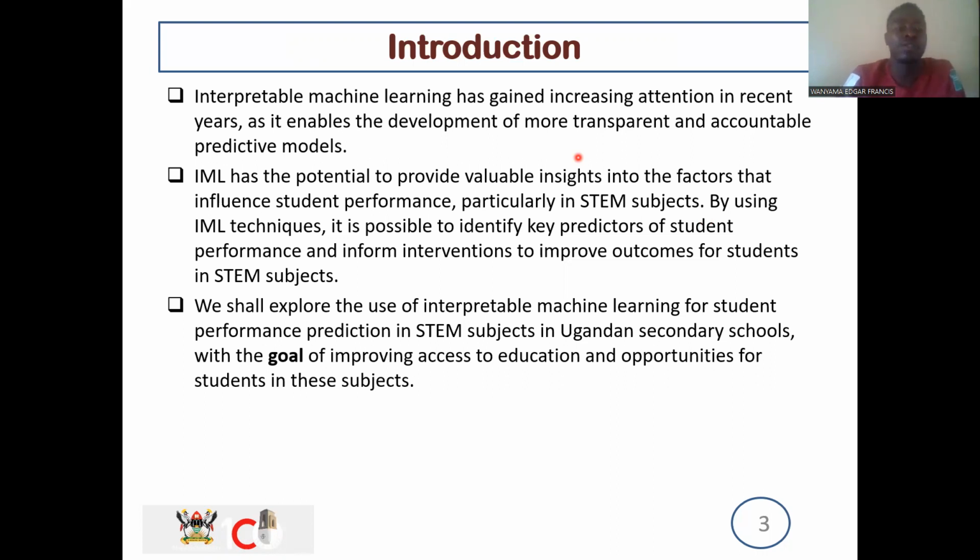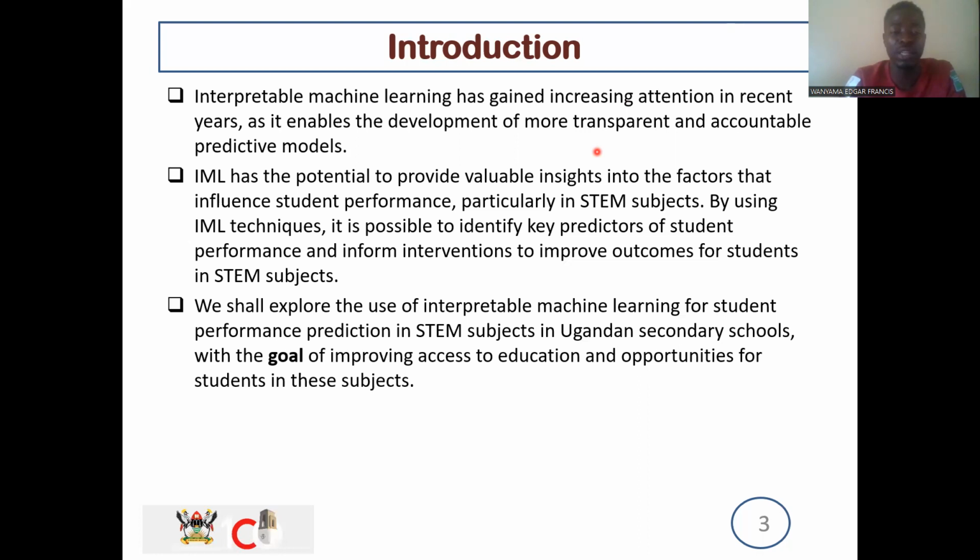So interpretable machine learning has the potential to provide valuable insights into the factors that influence student performance, particularly in the STEM subjects. By using interpretable machine learning techniques, it is possible to identify key predictors of student performance and inform interventions to improve the outcomes of students in STEM subjects.